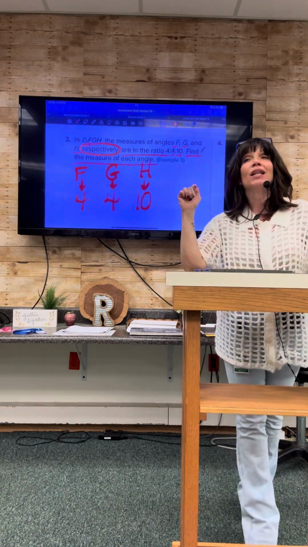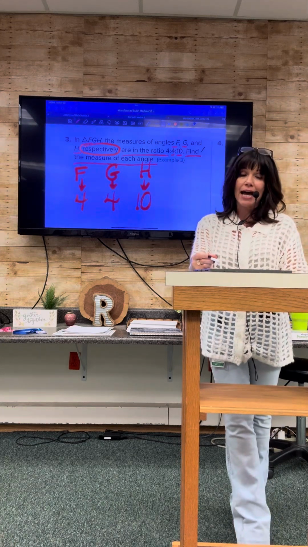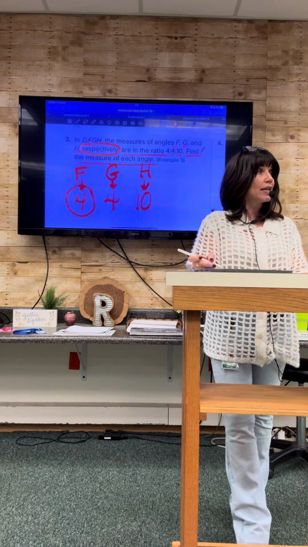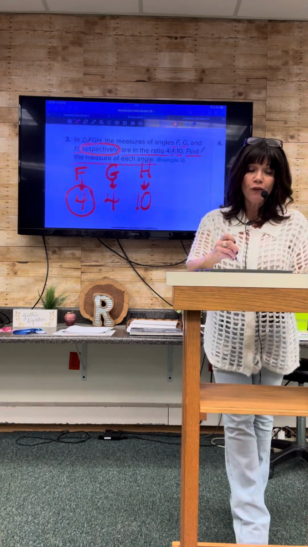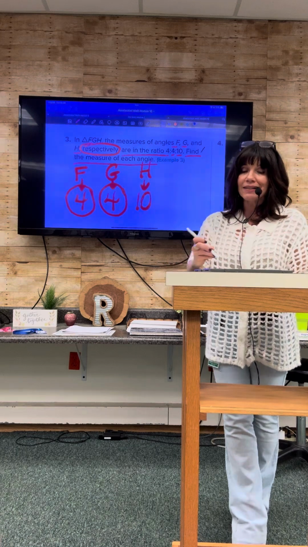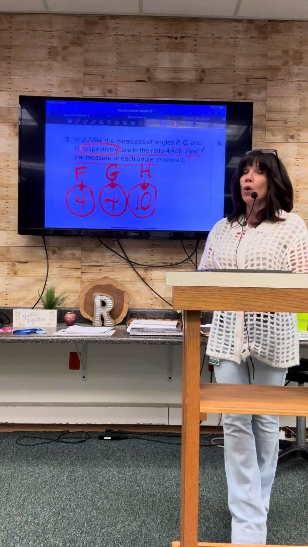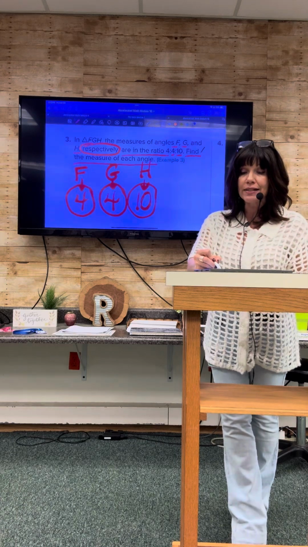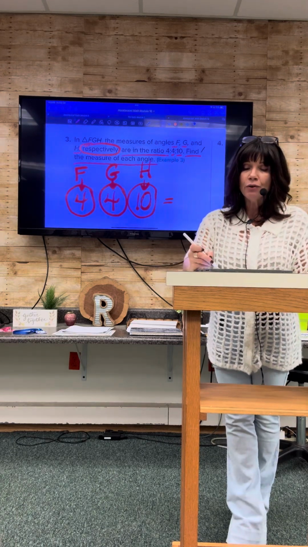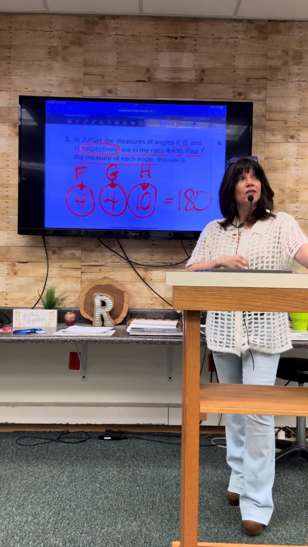Okay. Let me give you a reminder. Think of it as 4 equally sized parts in angle F plus 4 equally sized parts in angle G plus 10 equally sized parts in angle H would all equal how many degrees in all? 180. How can you write an unknown number of these equally sized parts?